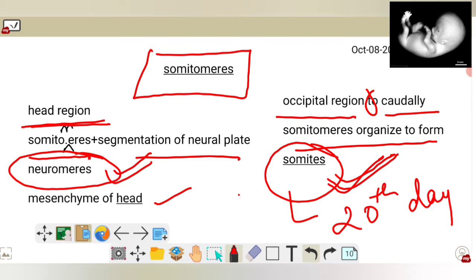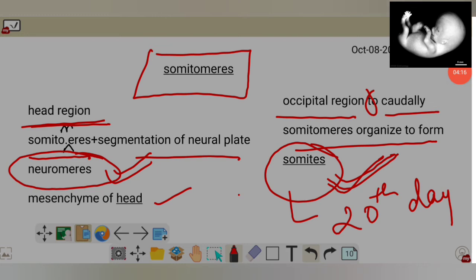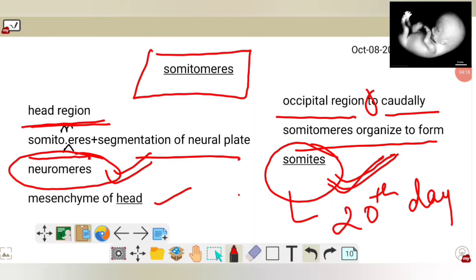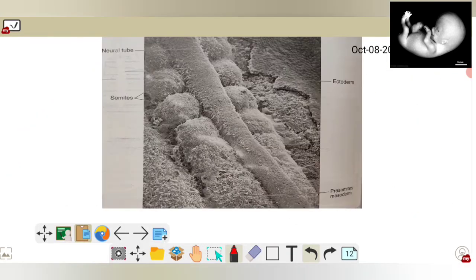From this we can determine the age of the embryo. How many somites are formed during this period, from the end of the third week up to the end of the 5th week? By counting the number of somites during their formation, we can find out the age of the developing embryo.